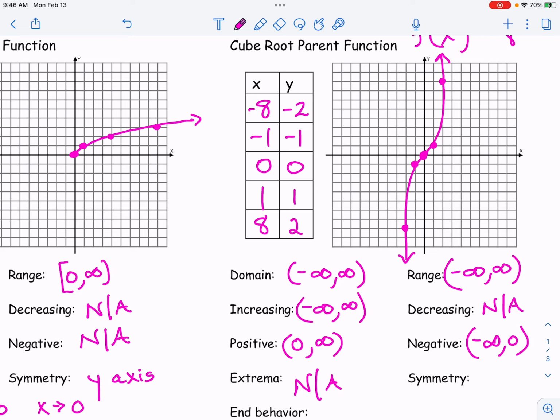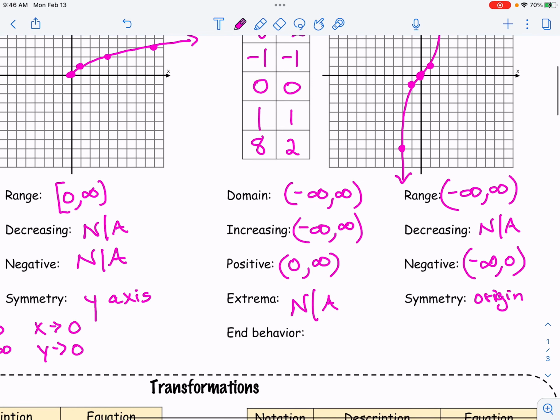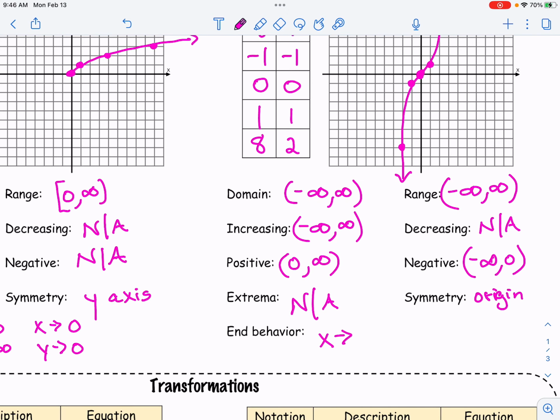And this one is going to be symmetrical to the origin. In behavior, as x approaches positive infinity, y approaches positive infinity. And as x approaches negative infinity, y approaches negative infinity. Okay, that's the two radical functions that we're looking at, square root and cube root.